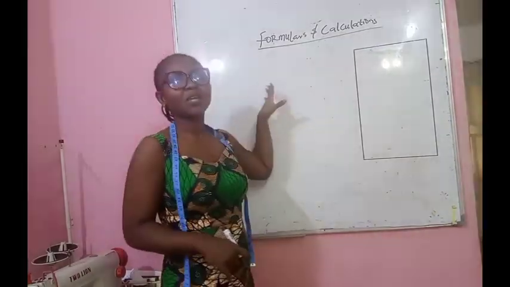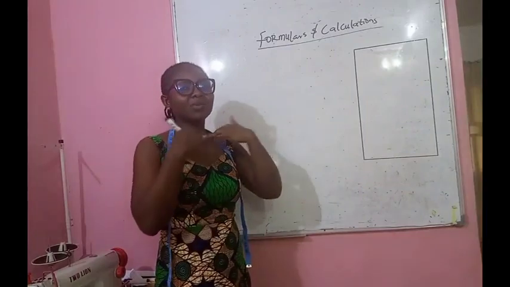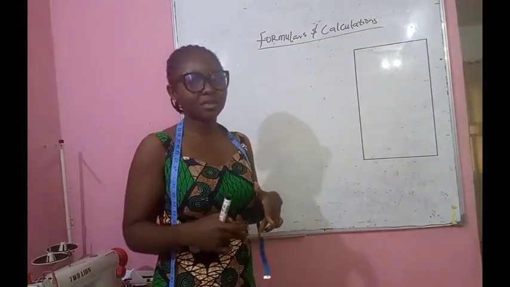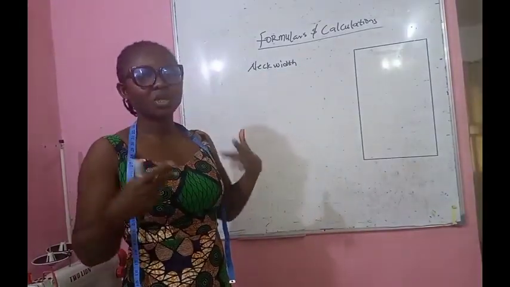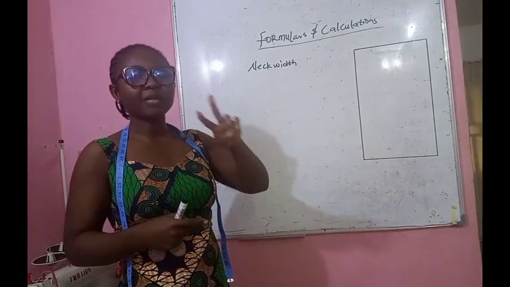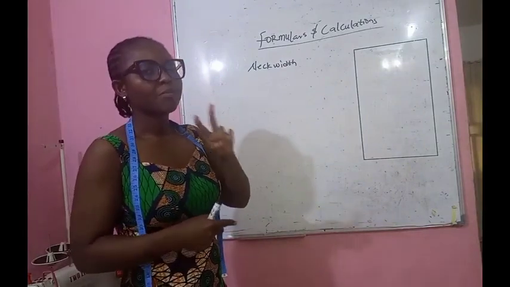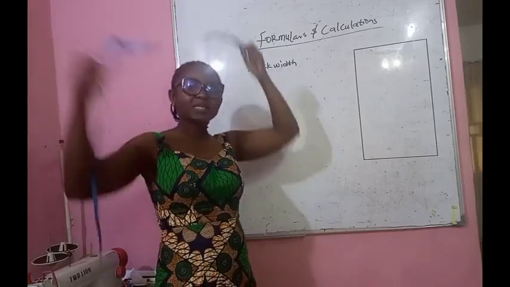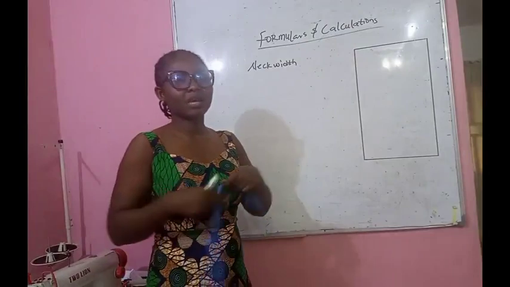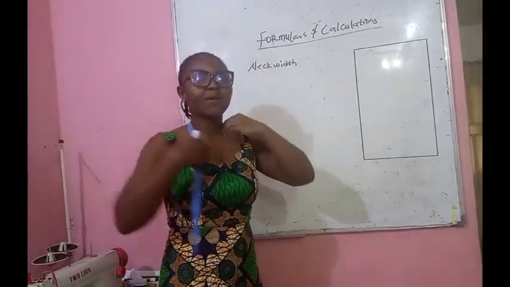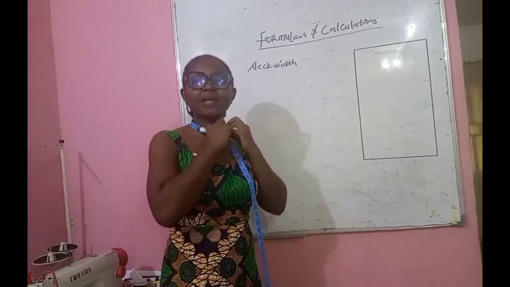Okay, so first on our list is our neck width measurement. So for our neck width measurement, in case we did not take it, I'm going to give us two formulas that are going to work. Number one is neck circumference divided by 5. This is where to take the neck circumference. Of course, we all know where our neck is. So this is our neck circumference.